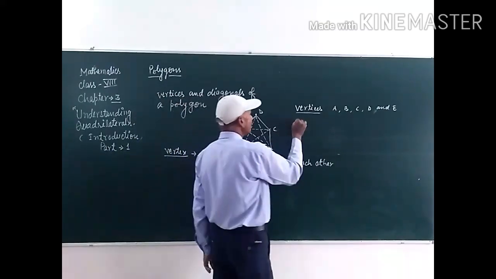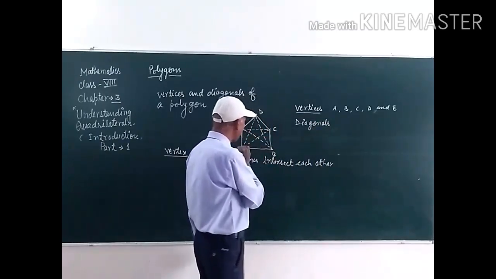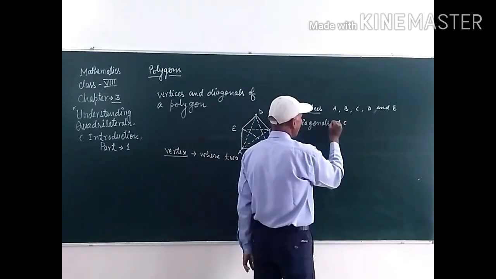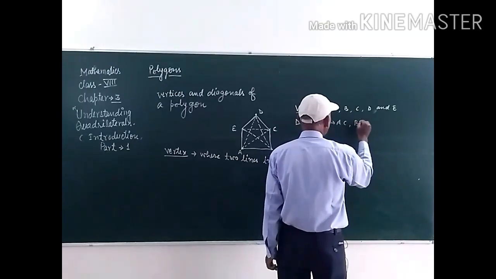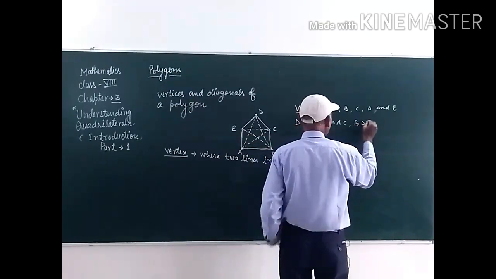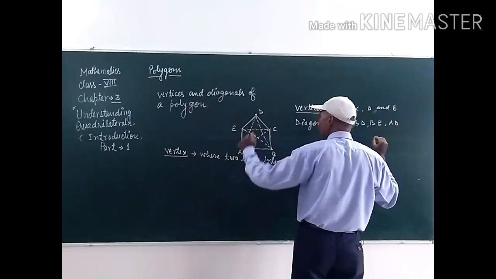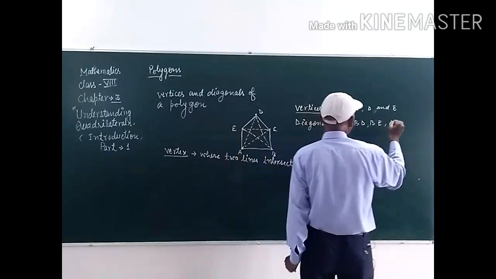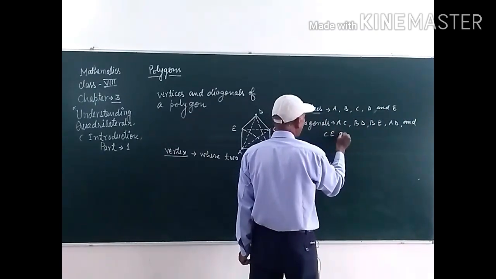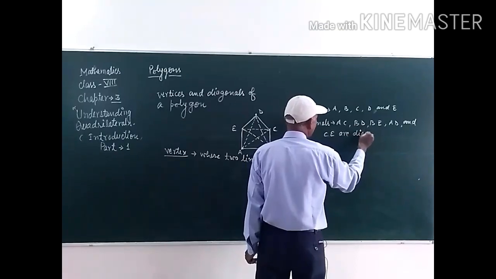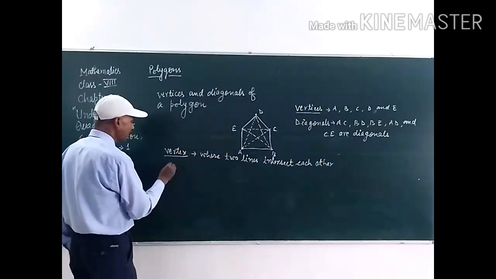So the diagonals are AC, BD, BE, AD and CE. So student, what are diagonals?